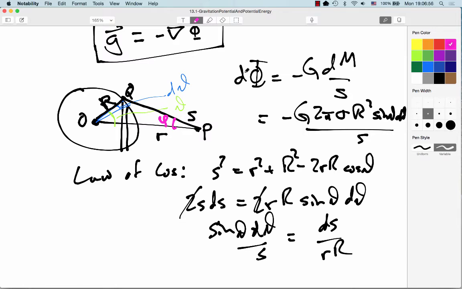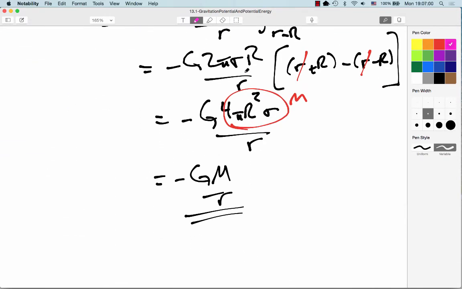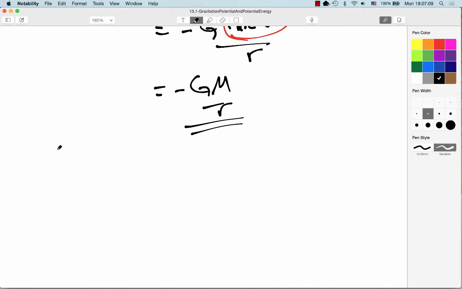And in case that wasn't immediately obvious, let's go ahead and take the negative gradient of the potential. So quick reminder, since we're working in 3D, spherical coordinates are our winner here.